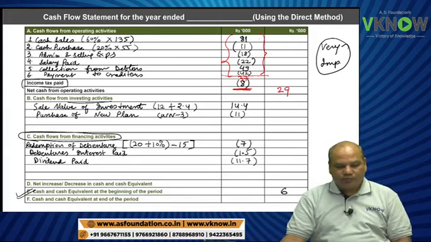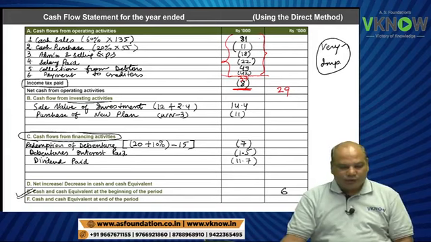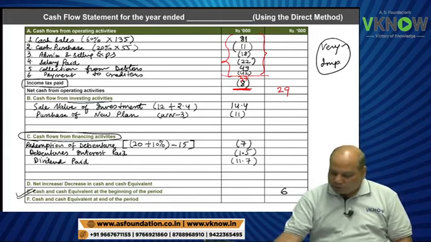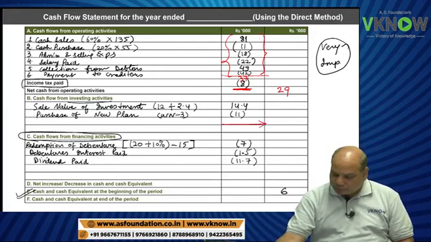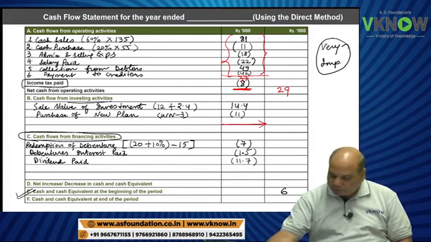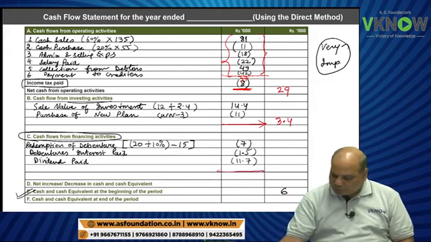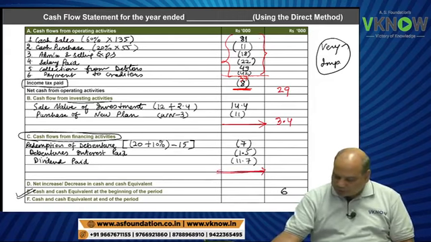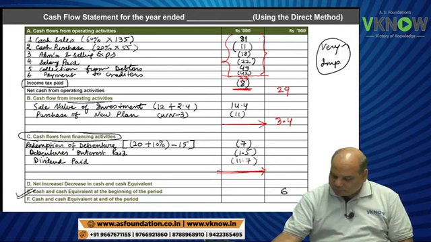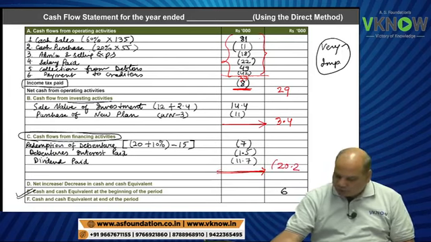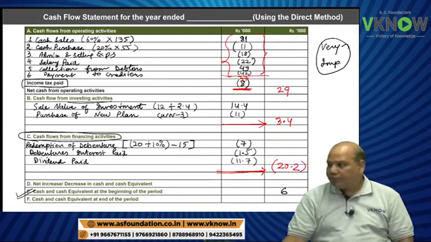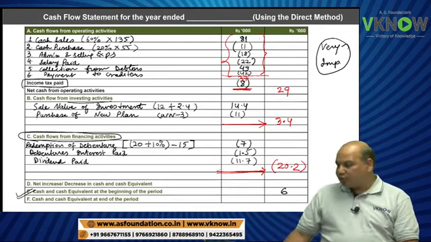Check the answer. Cash flow from operating activity 29. Cash flow from investing activity 3.4. Cash flow from financing activity 20.2 in bracket. Check the calculation.